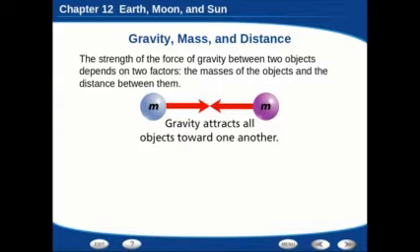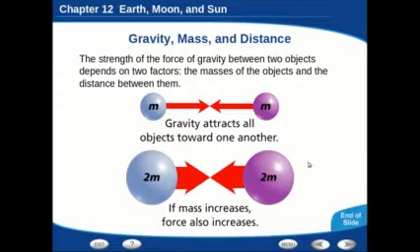Gravity attracts all objects toward one another. Remember, we learned earlier that a force, which gravity definitely is, is a push or pull. But gravity is not a push. Gravity is a pulling force, right? So gravity attracts or pulls all objects toward one another.